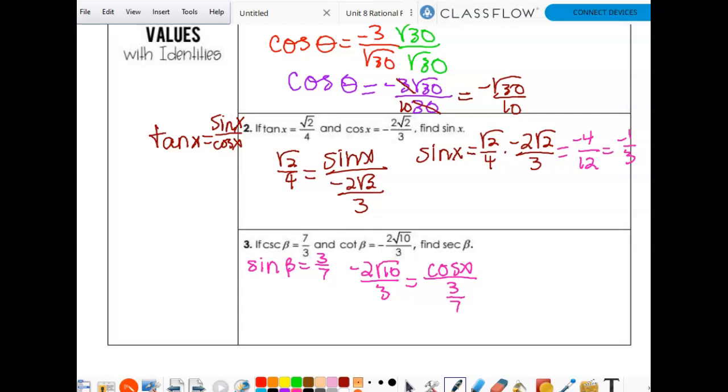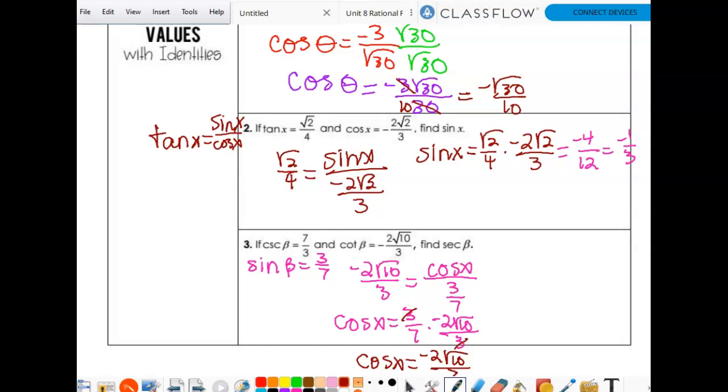So if I find the cosine, then I can just flip it at the end and that'll give me my secant. Right? So when I multiply, I'm going to get 3 over 7 times negative 2 square root of 10 over 3. So what happens with my 3's? They cancel. So my cosine equals negative 2 square root of 10 over 7.